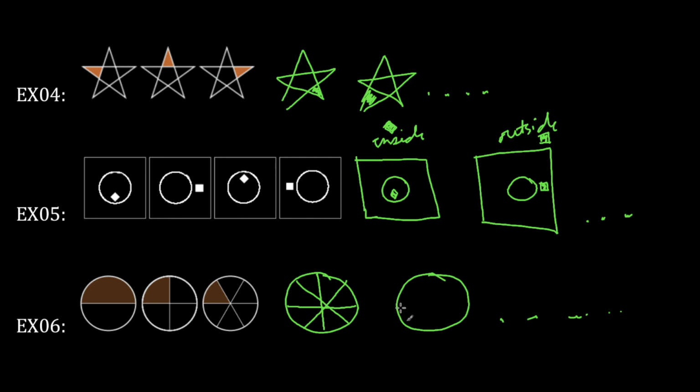And the next one should be 10. This one's going to be a little harder for me, so bear with me. 1, 2, 3, 4, 5. 1, 2, 3, 4, 5. Not perfect, but close enough, right?